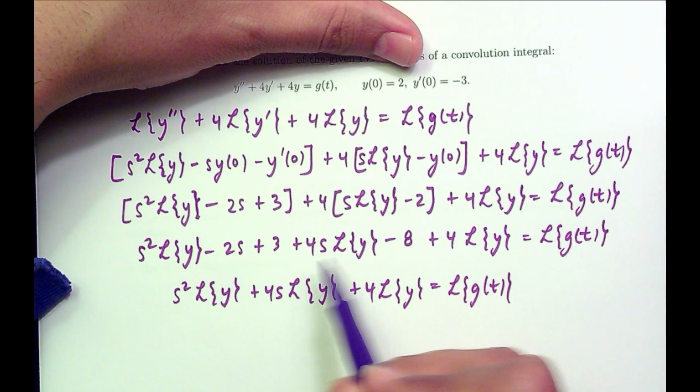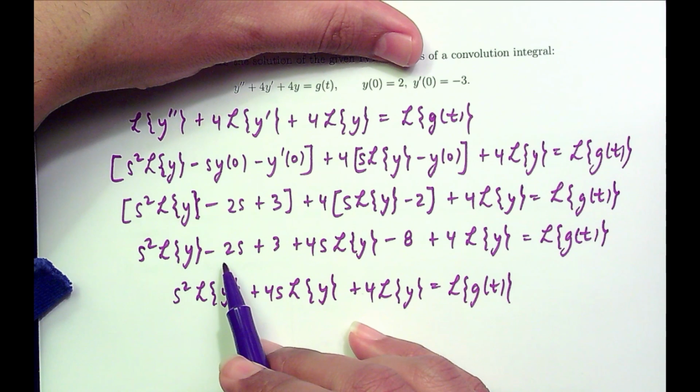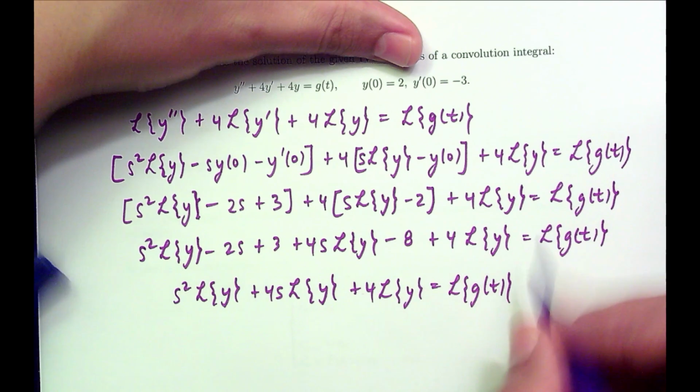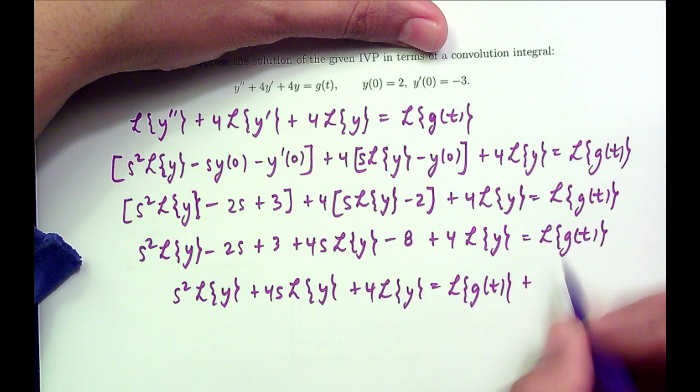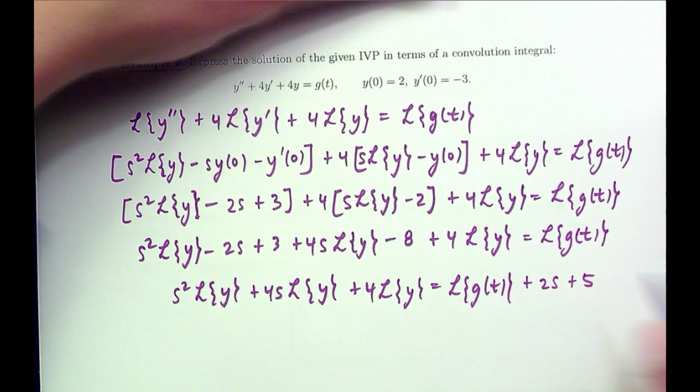Negative 5, when you move to the other side, is going to be plus 5, and then the negative 2s becomes positive 2s. So this is 2s plus 5.